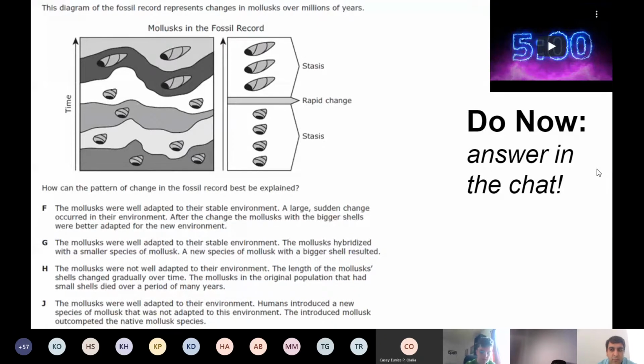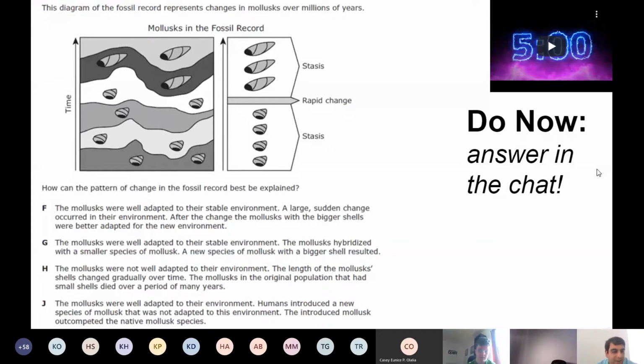And the change over time wouldn't make sense either because they wouldn't have any reason to adapt. And then J wouldn't make any sense because there weren't those other species that they could breed with, and it wouldn't be that big of a change. So F was the only one that would make sense with such a big change out of nowhere.